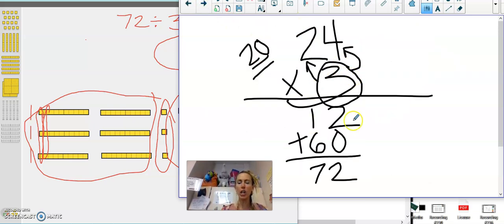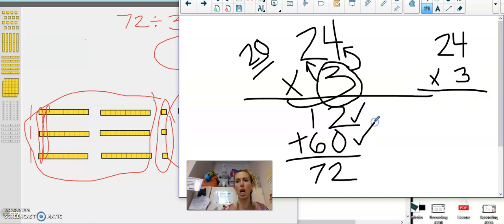Now some of you are like, no, I don't like doing it that way, okay? You'd rather use the standard algorithm instead of showing the parts. These are the parts, the partial products. You just want to get straight to the answer product. So you can do that. You could do your 3 times 4 is 12. But instead of writing the entire number down there, I'd take this 1, which is really a 10, and put it up and regroup it in the tens spot right here.